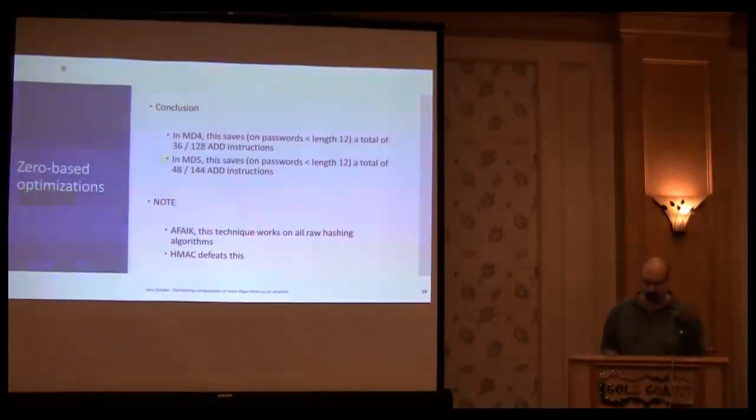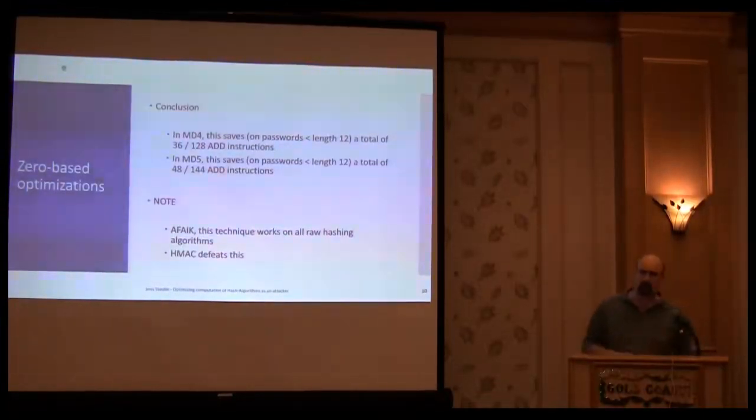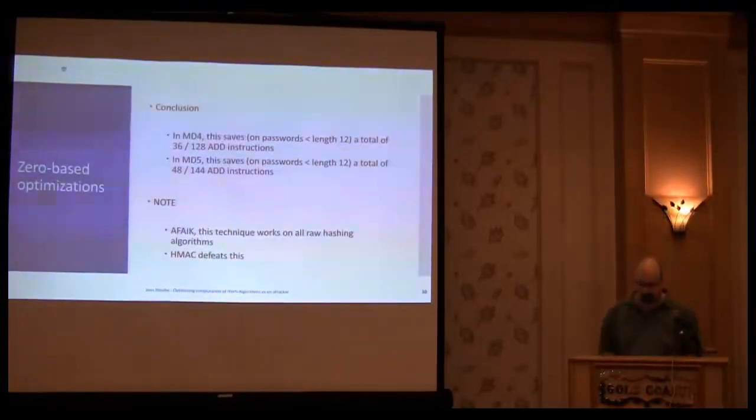By doing this, we can optimize MD4 by 36 instructions and 48 for MD5. This works on all algorithms I have seen so far, because they all use the password in a fixed size buffer, and so they have to access every element of that buffer at least once.